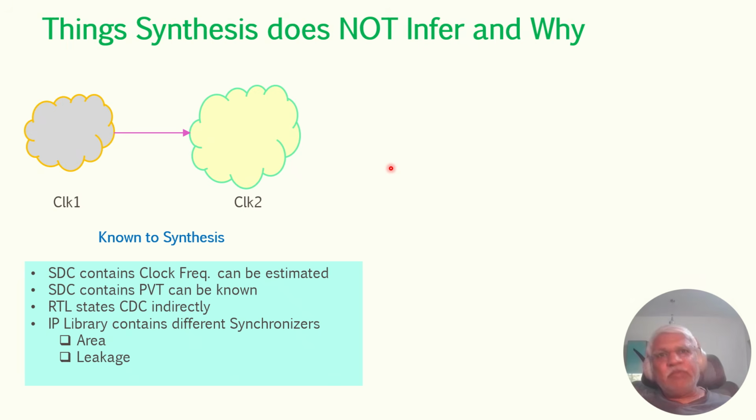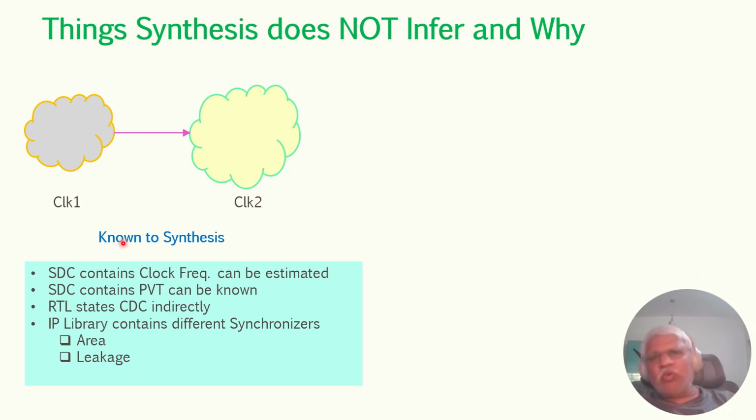However, it can be provided as part of a file, which currently is not as per the standard, but it can be provided. So based on all this information, some information is known. Then why is it not able to predict the synchronizer?